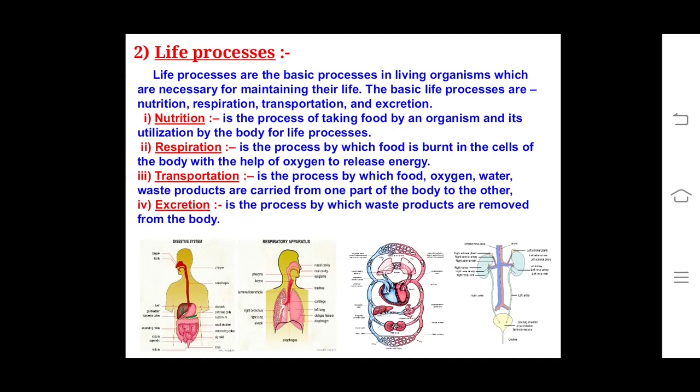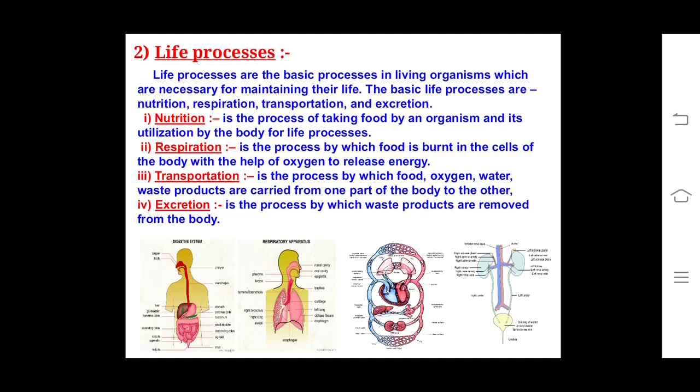Intake, ingestion, mastication, digestion, assimilation, absorption, and egestion are included in the nutrition process. After the food is taken, it is digested and assimilated. For example, carbohydrate is broken down into glucose, and that glucose is utilized by the body for various life processes.